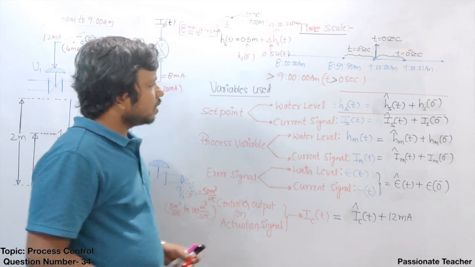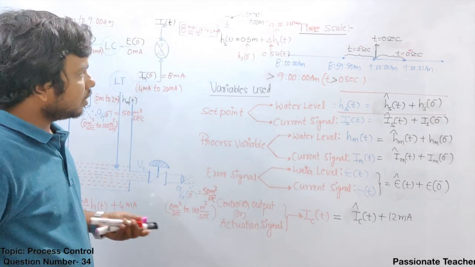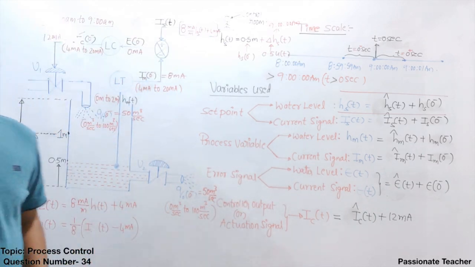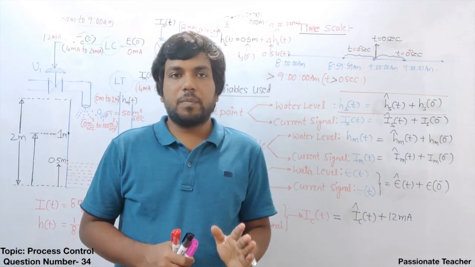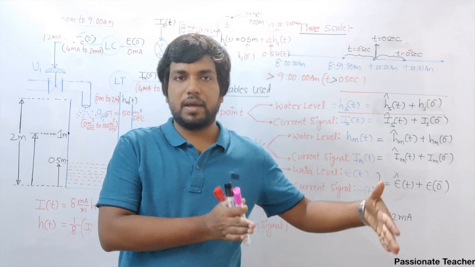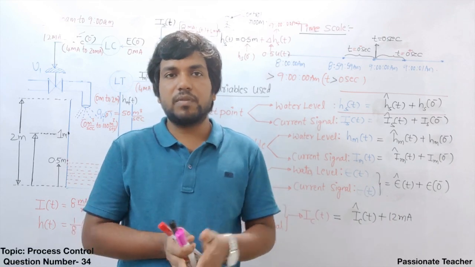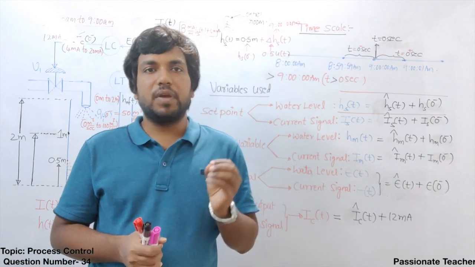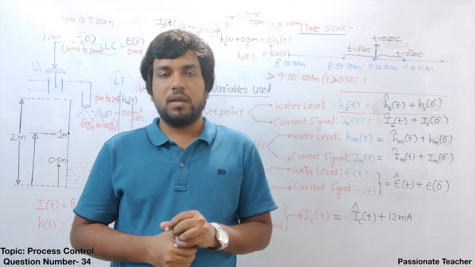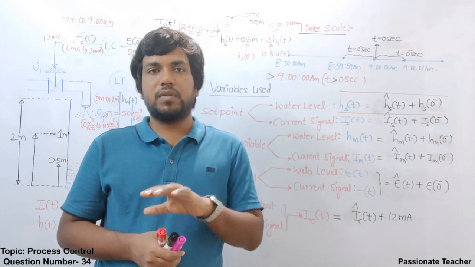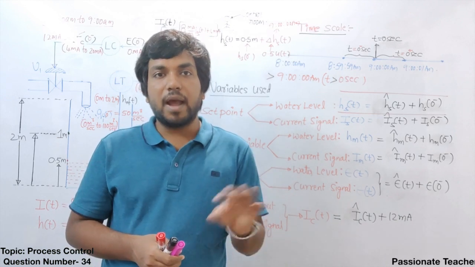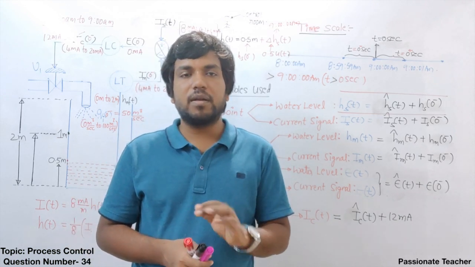Now let's see what should happen ideally. To understand what should happen ideally, we need to represent these variables in a block diagram. If I represent all these variables in a block diagram, then it will be very easy for you to understand. So next we are going to see how we can represent all these variables in a block diagram as well as the graph of each variable, such that it will be very clear to you.